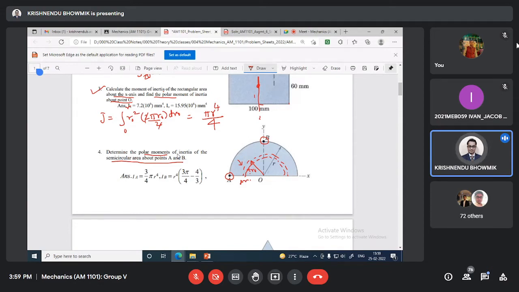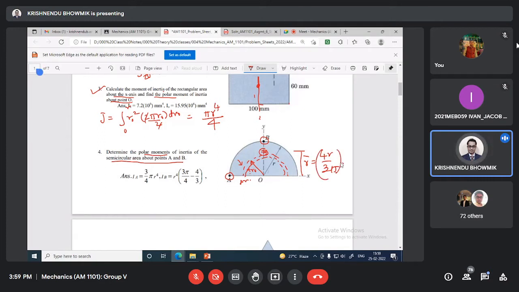For the half circle, we can calculate the J value from first principles: pi r power 4 by 4. Now, what is the location of the CG? If I write this distance as r bar, that is 4r by 3 pi. You know the location of this, correct?